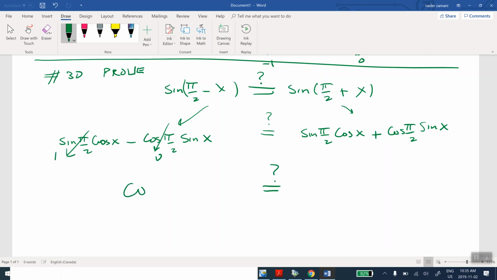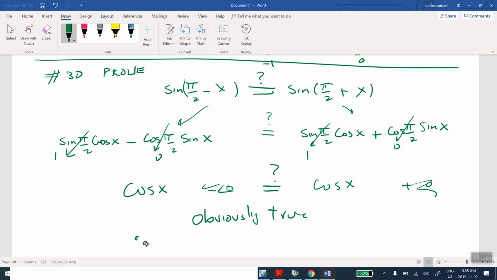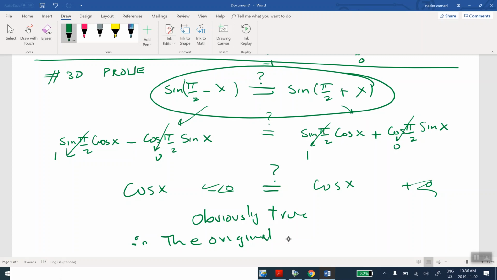So the left-hand side is cosine of x minus 0, which I'm not going to write down, and the right-hand side is cosine of x plus 0. So this is obviously true, which means the original equality is also always true. Basically, remove the question mark.